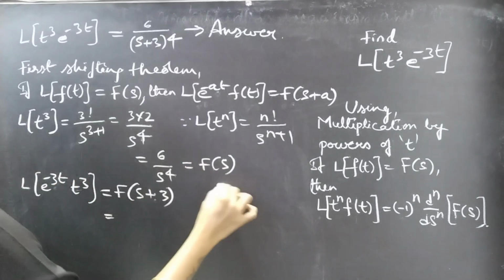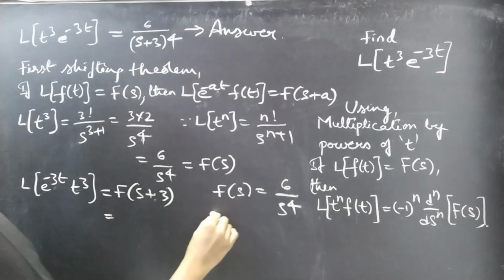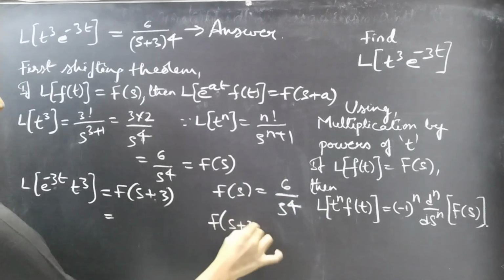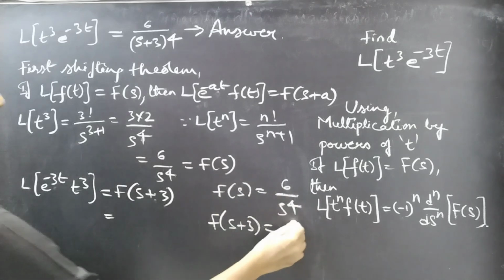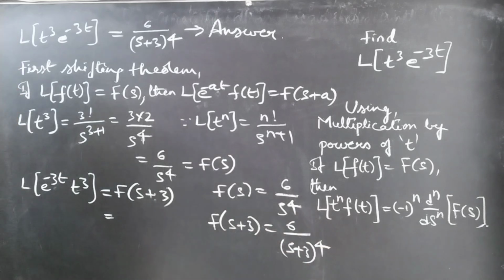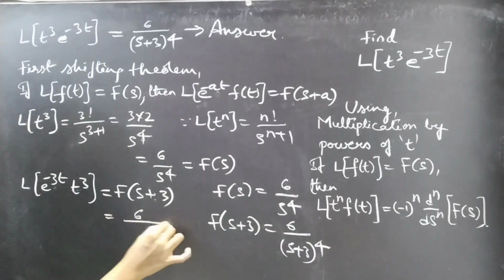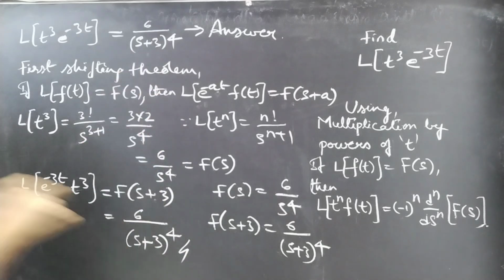If f of s is 6 by s power 4, then f of s plus 3 will be, just replace this s by s plus 3 in f of s, then you'll get 6 by s plus 3 power 4. So you got the same answer.